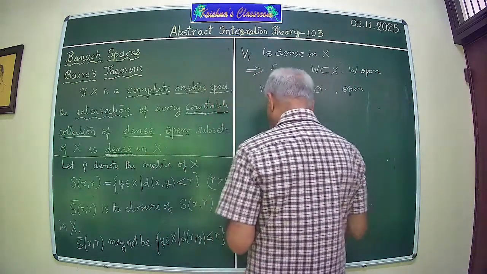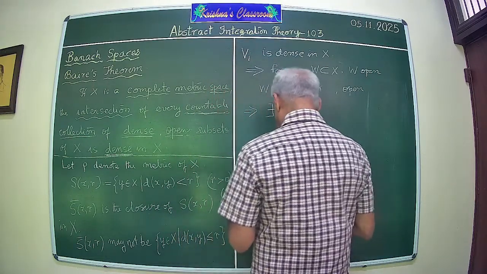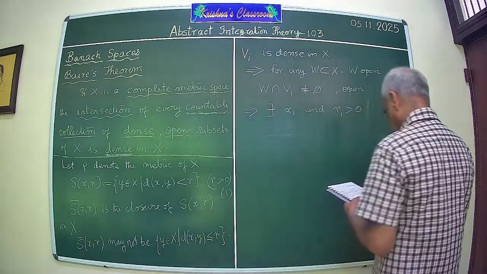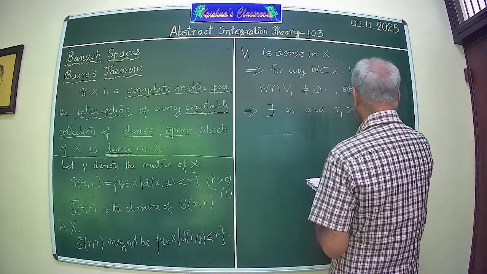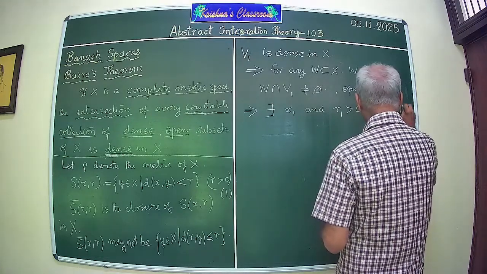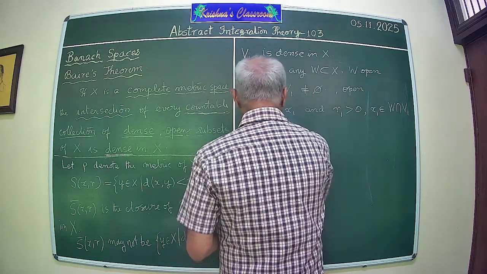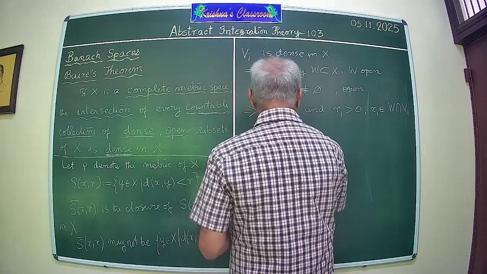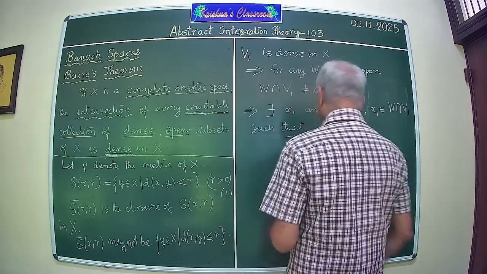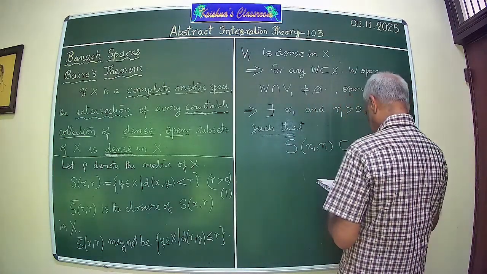Therefore, there exists an x1, r1 positive, with x1 belonging to V1, such that S bar(x1, r1) is contained in W intersection V1.